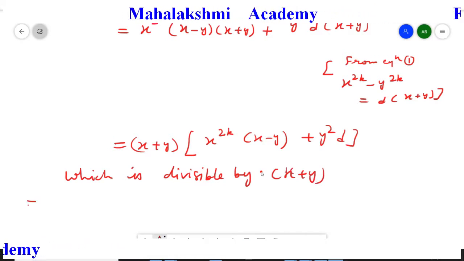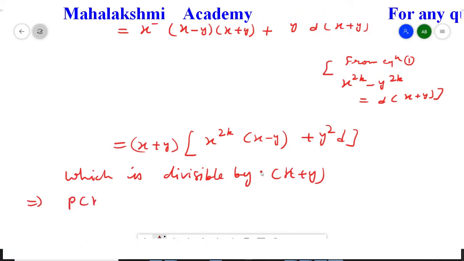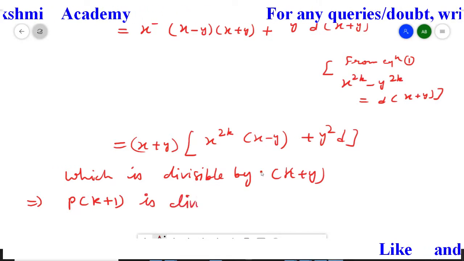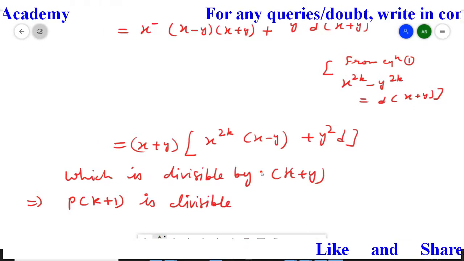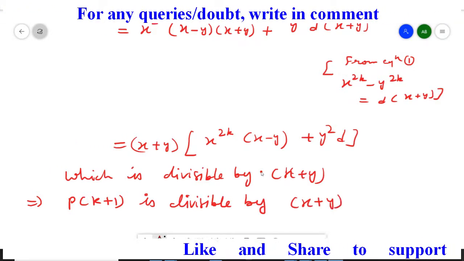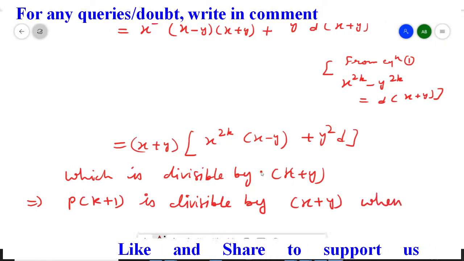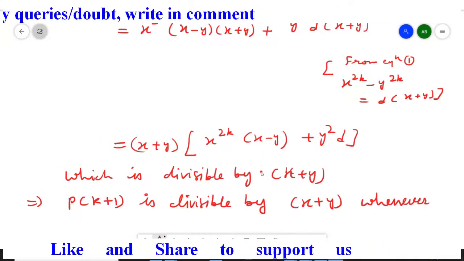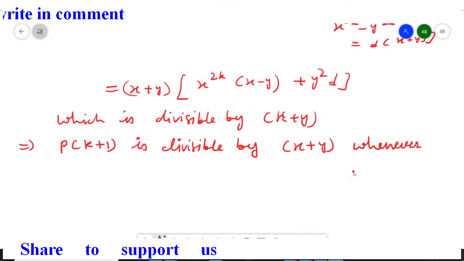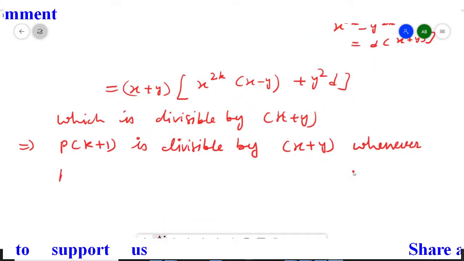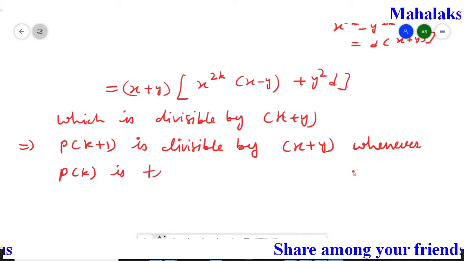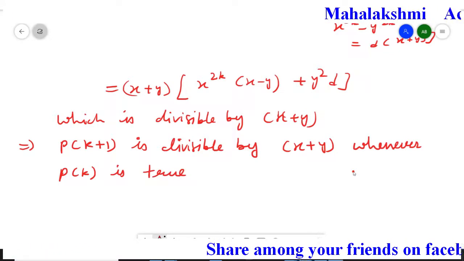Then we will write down which implies P k plus 1 is divisible by x plus y whenever Pk statement is true. So all three conditions are satisfied.